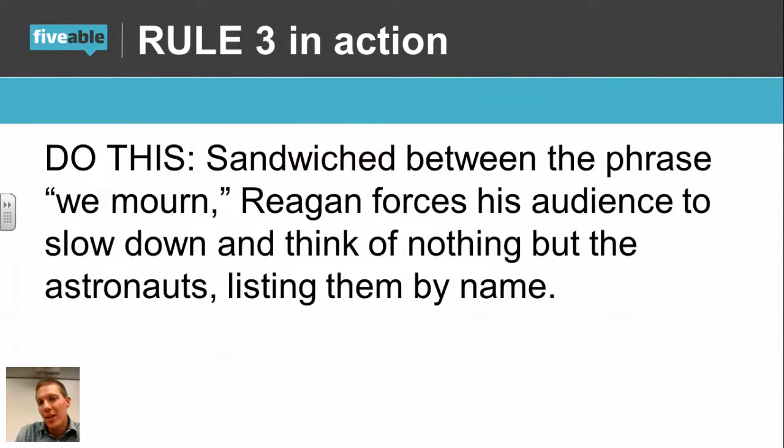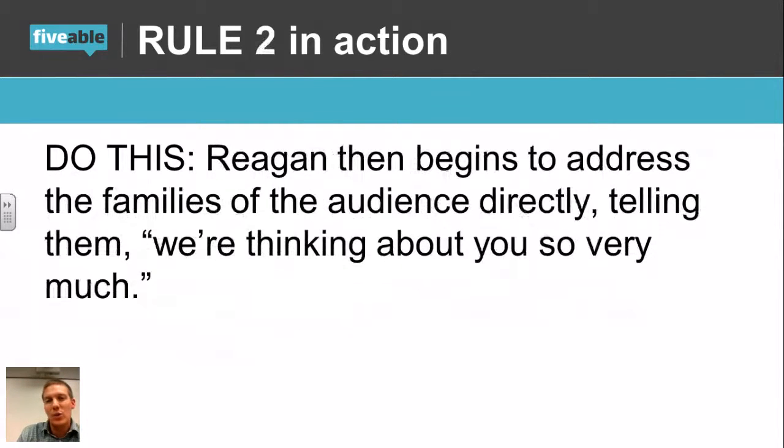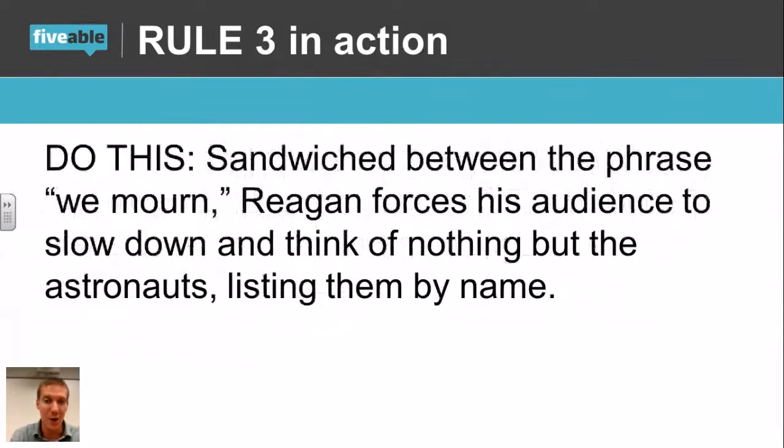All right, note this. Let's go back to the most recent example that I showed you. Reagan then begins to address the families of the audience directly, telling them, "We're thinking about you so very much." That's a great sentence. That's an effective way to embed a quote. But this one's even better, because my quote is actually sandwiched between my own words, right?